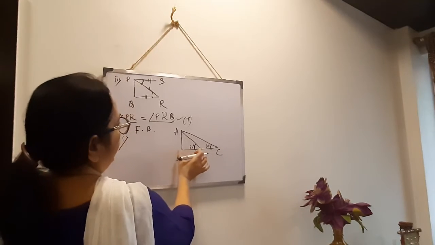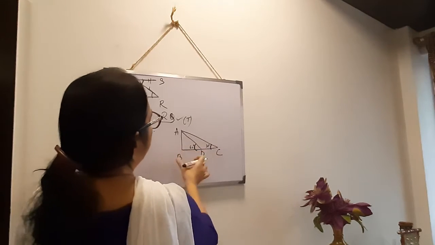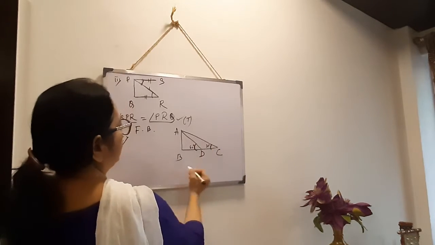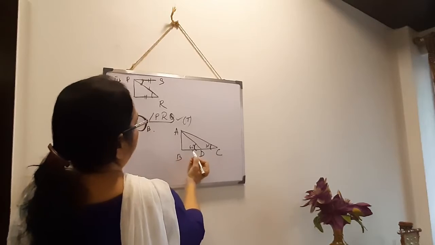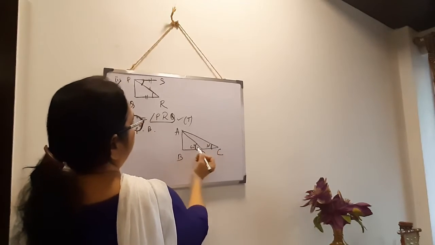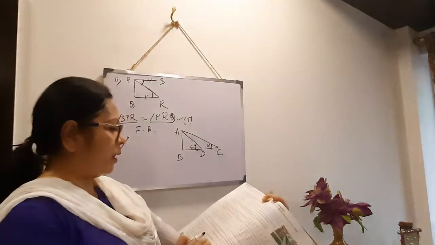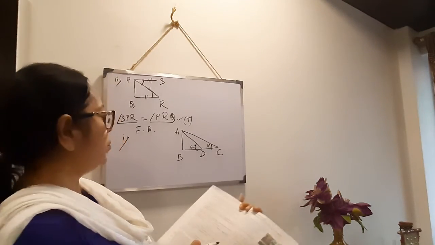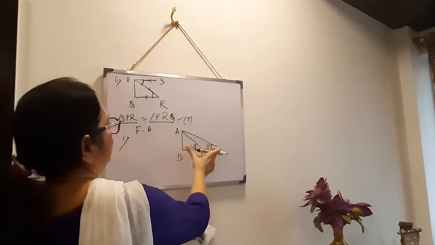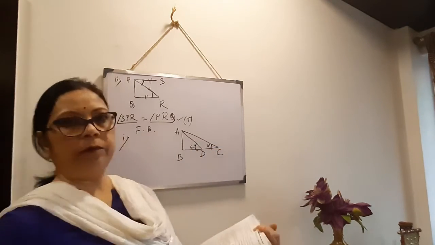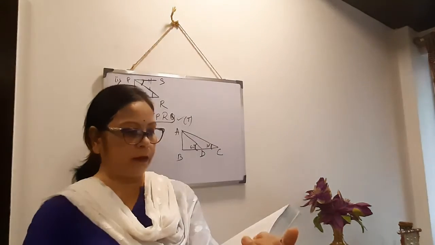BD is the length of the shadow. So does it decrease or increase? From the diagram it is clear that the length of shadow decreases when the angle of elevation changes from 30 to 60. Initially it was BC, now it is becoming smaller than BC. It is BD now, so decreases.